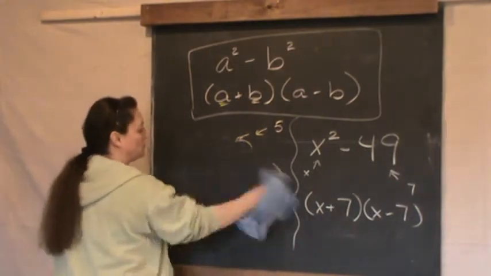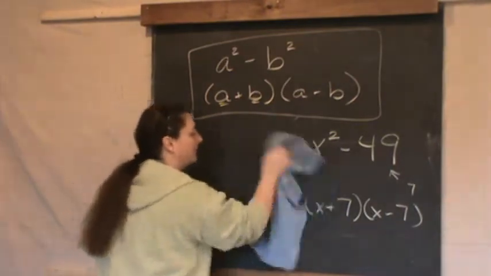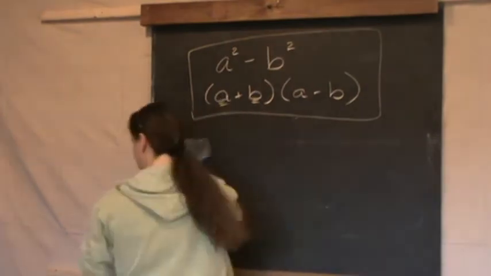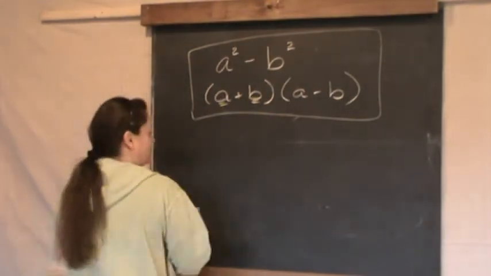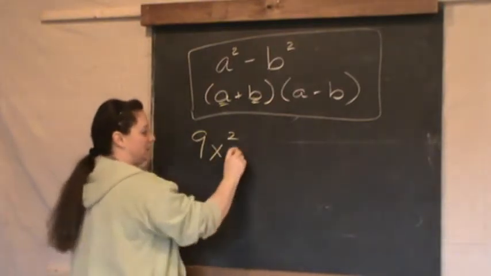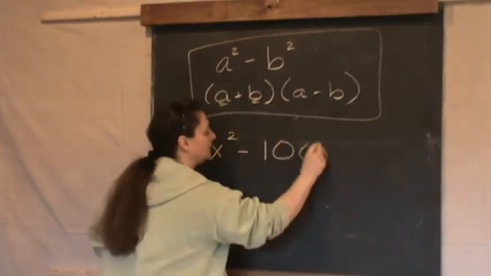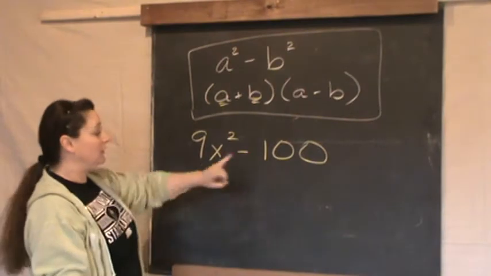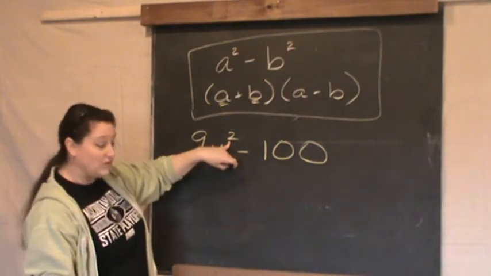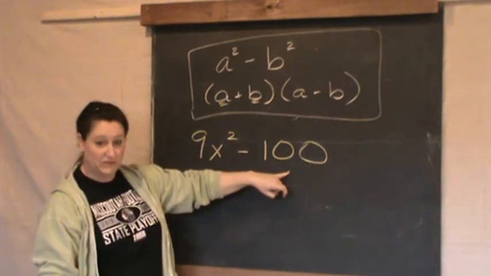Let's make a couple trickier ones. Let's say we've got 9x squared minus 100. 9 is a perfect square. X squared is a perfect square. 100 is a perfect square.